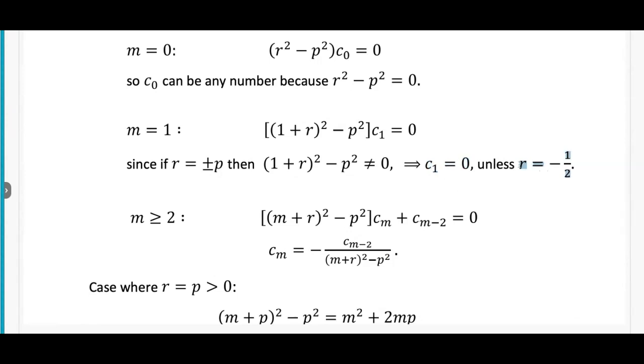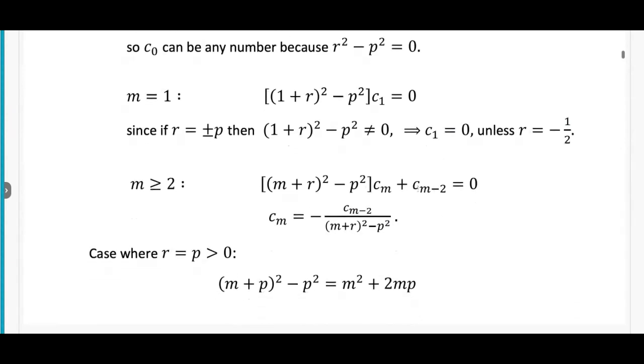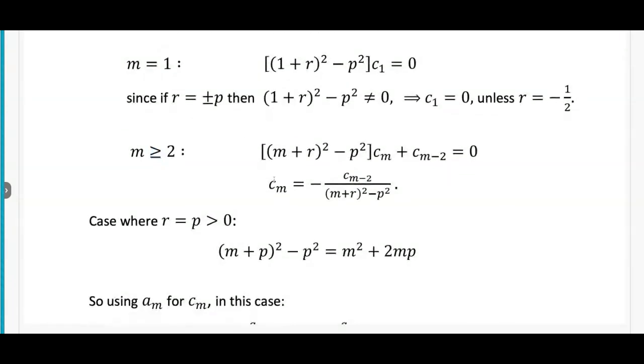So only for r equal to negative one half is C1 not 0. Then the rest, starting from 2, we get a recursive relation between the m-th term and the (m minus 2)-th term.